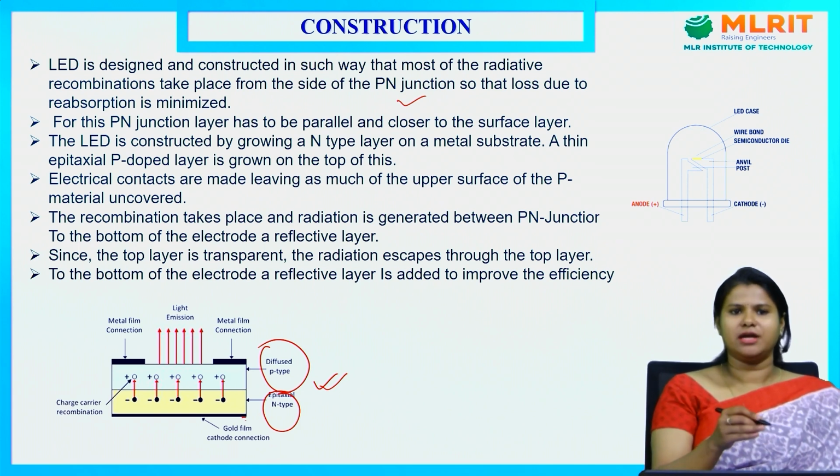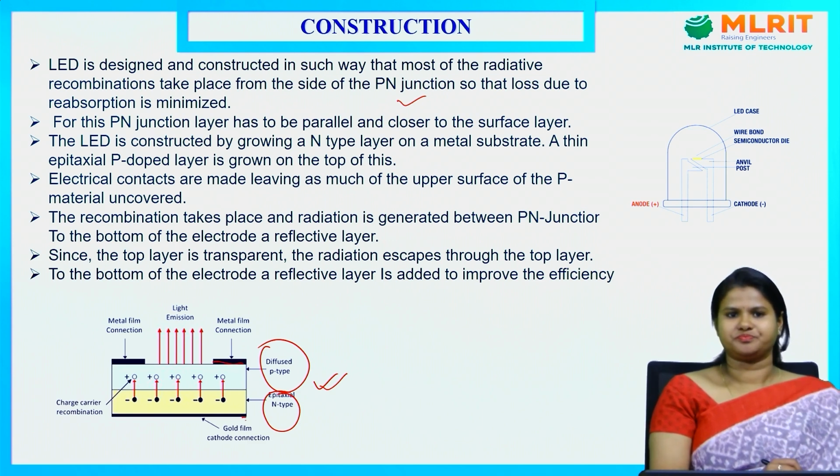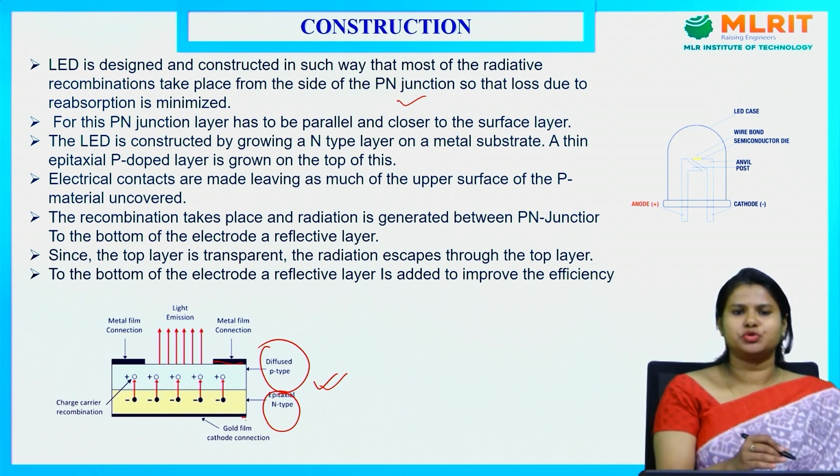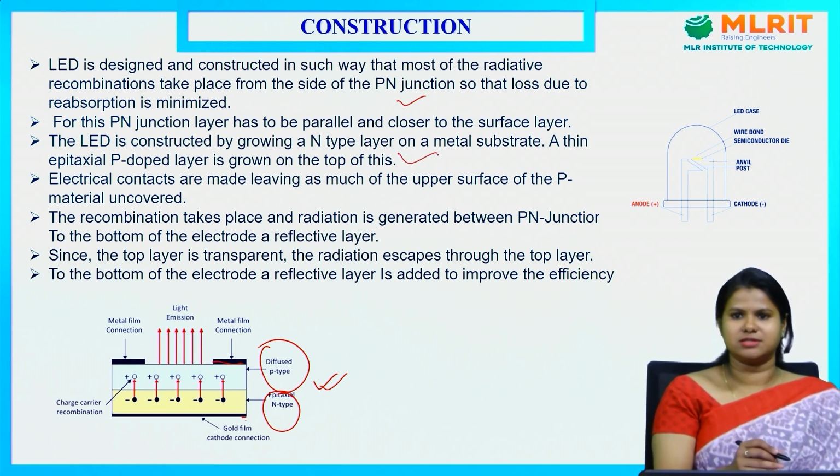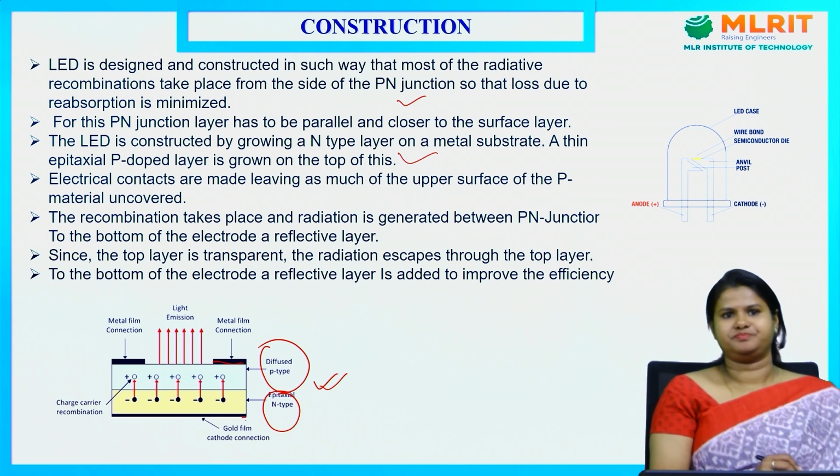And on the P layer, we are growing another metal layer. These two metal layers, at the bottom and the top of this PN junction, act as the electrodes. This is all about how we construct an LED.